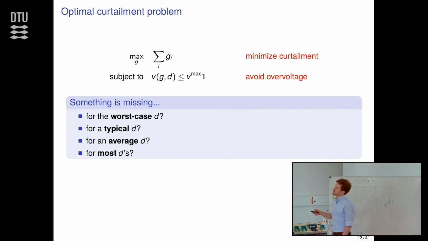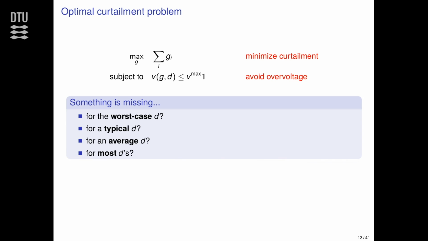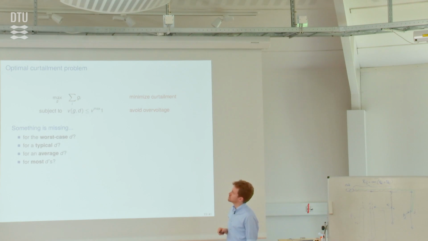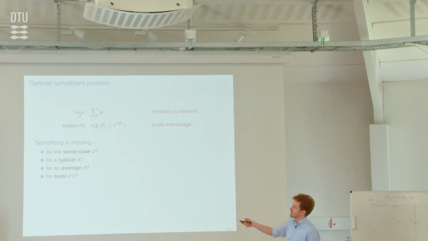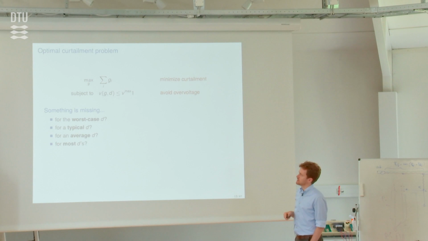There is something missing here. This is an optimization problem where there is a parameter d that I just told you you don't know. So how do we want to solve this problem? Well, you have seen already some of these solutions, but you will compare some of them numerically in the first exercise.